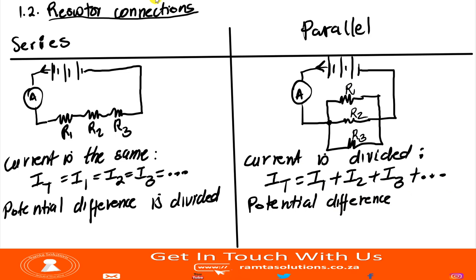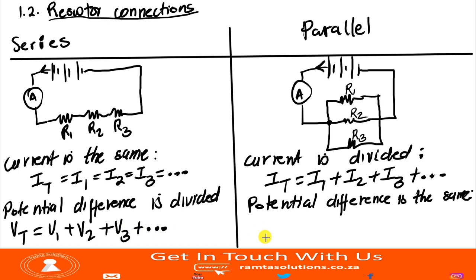Right, for parallel combination is the same. So what does it mean? What it means here is that since we say it's divided, this means total potential difference is equal to potential difference of resistor 1 plus potential difference of resistor 2 plus potential difference of resistor 3, and so on.